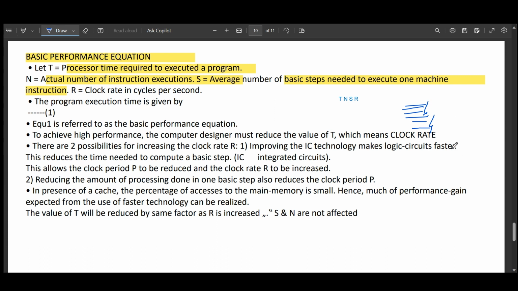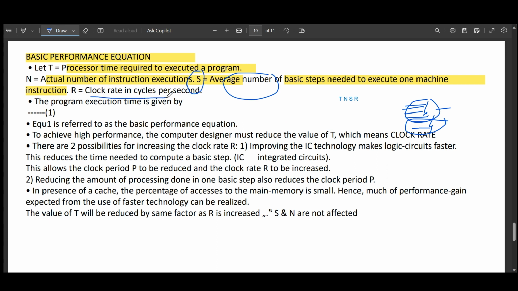So I have two basic steps here. The average of this is one, right? I have two basic steps, and in these two basic steps, the one machine instruction will be executed simultaneously. That is what S is. I hope you all understood.